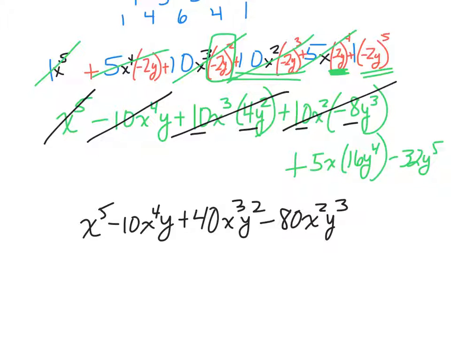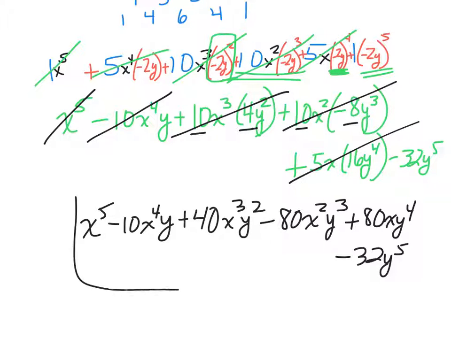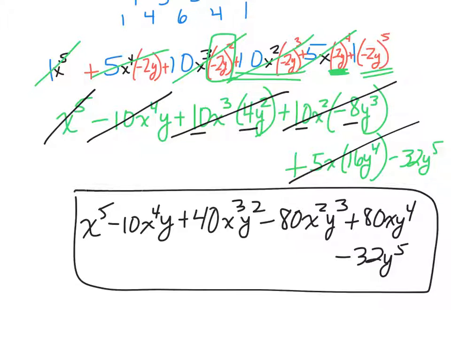Five x times 16y to the fourth is 80xy to the fourth, minus 32y to the fifth. And that's the answer we were looking for on that problem. So you definitely want to be up to speed on a binomial expansion.